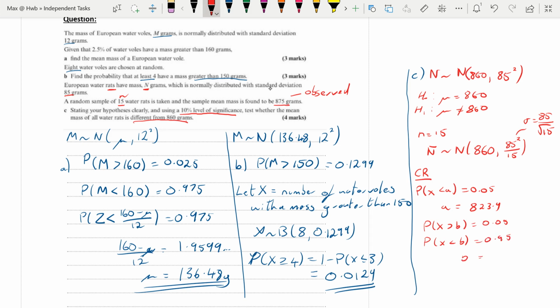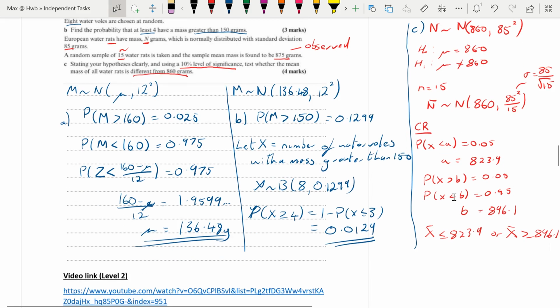So b comes out as 896.1. My two critical regions are X bar being less than or equal to 823.9, or X bar being greater than or equal to 896.1.